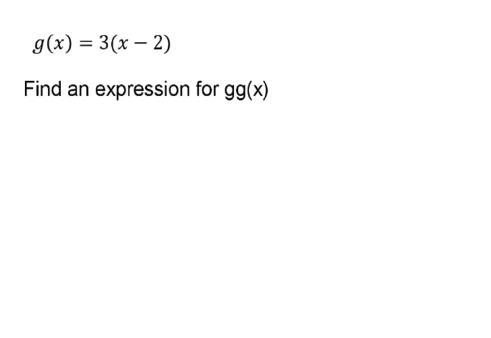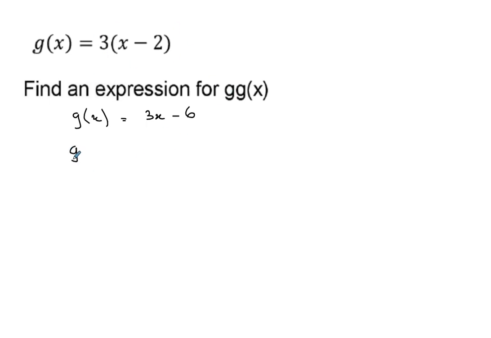If g(x) equals 3x minus 2, find an expression for gg(x). Here we'll do g and then we'll do g. I think here we'll just expand it out. So g(x) equals 3x minus 6, the expanded version. And then we stick it back into there.